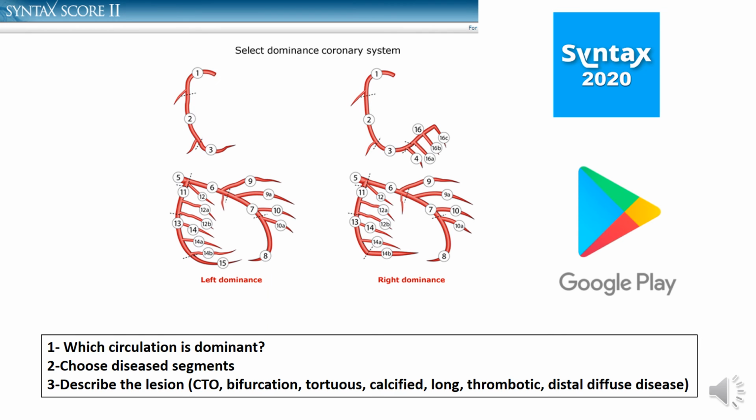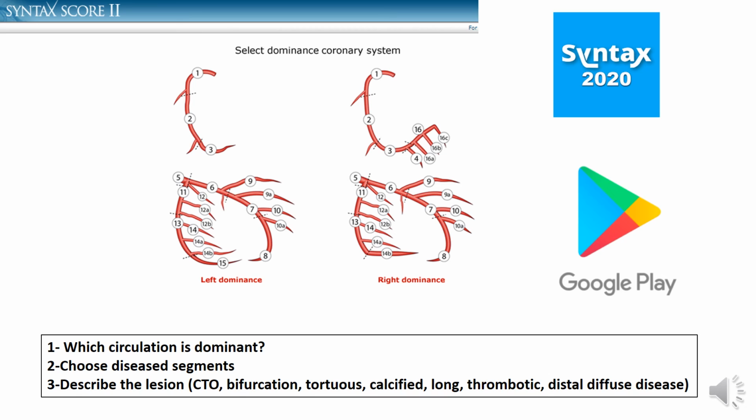We have the famous SYNTAX score, which was derived from a large trial comparing surgical treatment versus treatment with first generation Taxus drug-eluting stents in patients with multivessel disease or left main disease, and they developed a scoring system to give a cutoff point for when PCI is preferred and when CABG is preferred.